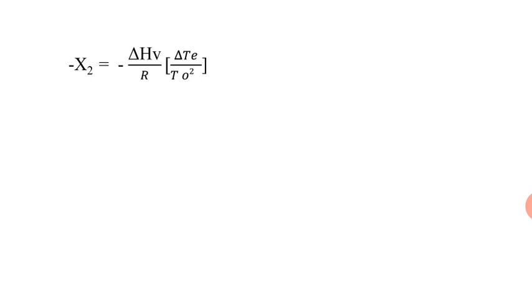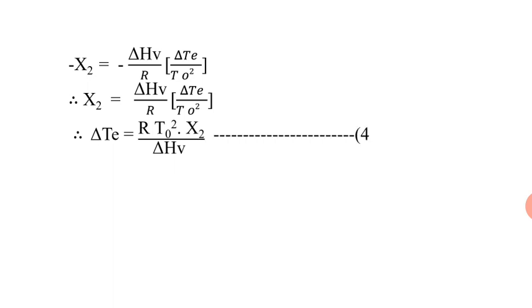Both sides contain minus, so it gets cancelled and we get x2 is equal to delta Hv upon R into (delta T upon T0 square). Rearranging, delta T is equal to R T0 square into x2 upon delta Hv. This is our equation number 4.